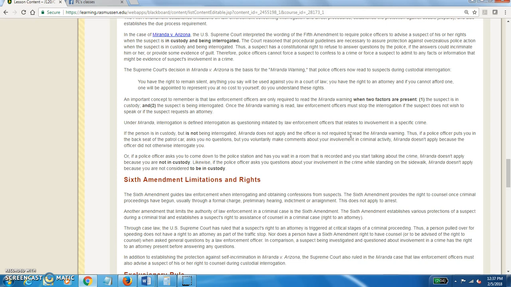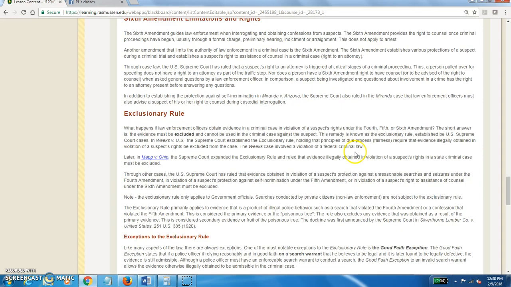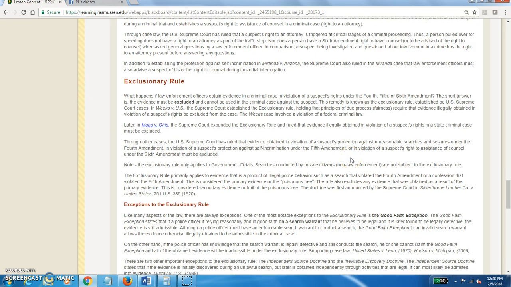Miranda applies to those situations where officers are asking questions specifically related to a person's involvement in a crime, such that the person's comments may incriminate the person or involve them in criminal activity. 6th Amendment right to counsel. Review that content. Exclusionary rule, make sure you have an understanding of that content.